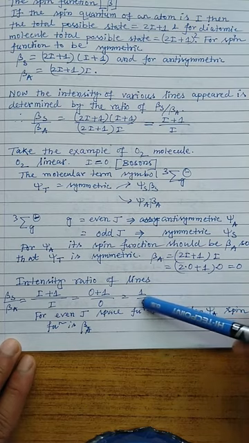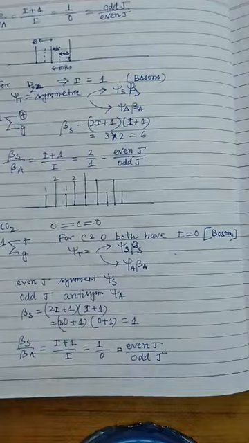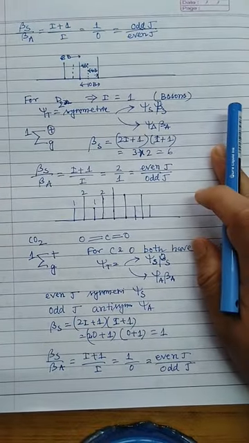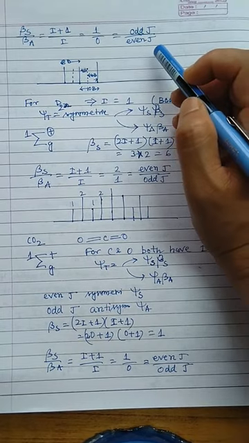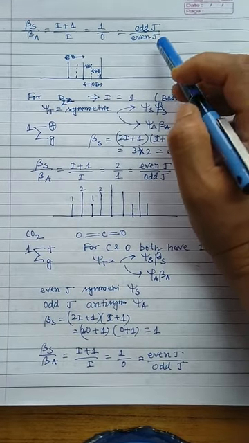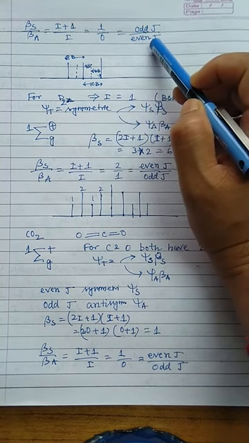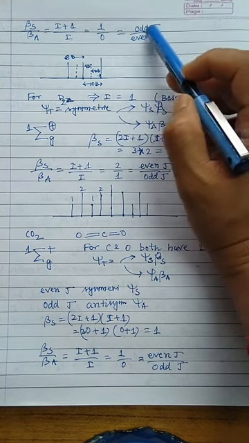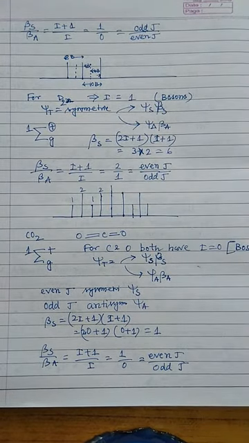That means the 0 is for even J. So beta S by beta A equals 1 by 0, and in the previous page we observed that beta A corresponds to even J. So the 0 corresponds to even J and the 1 corresponds to odd J. That means the even J lines have intensity 0, so they will not appear at all.